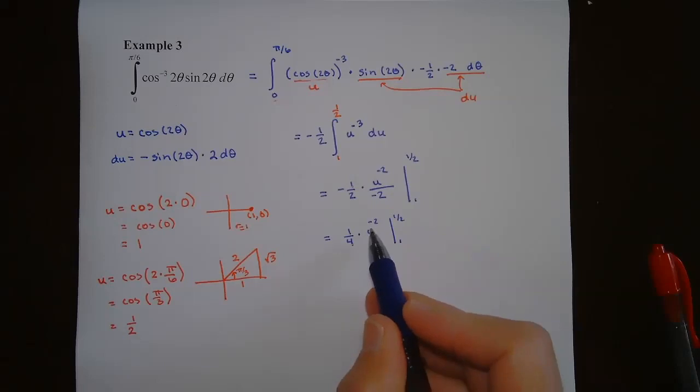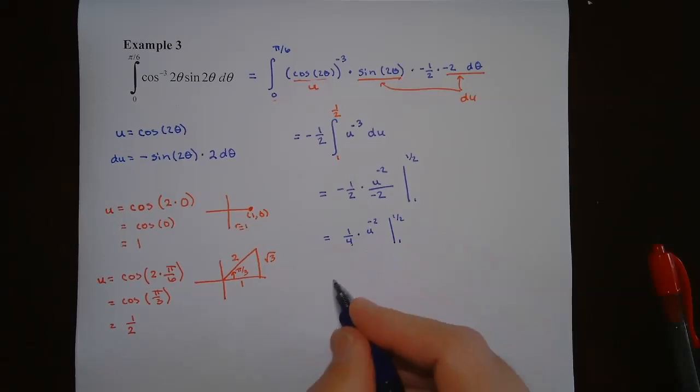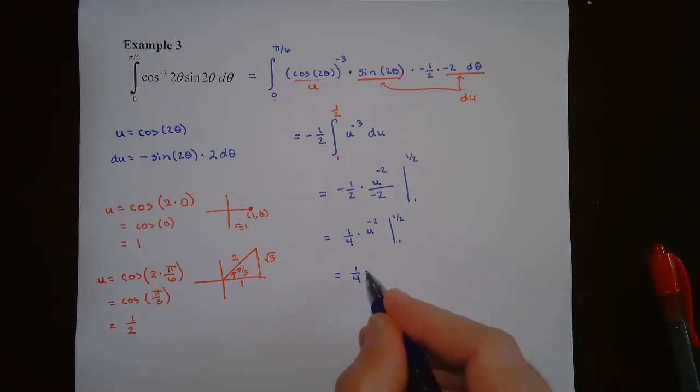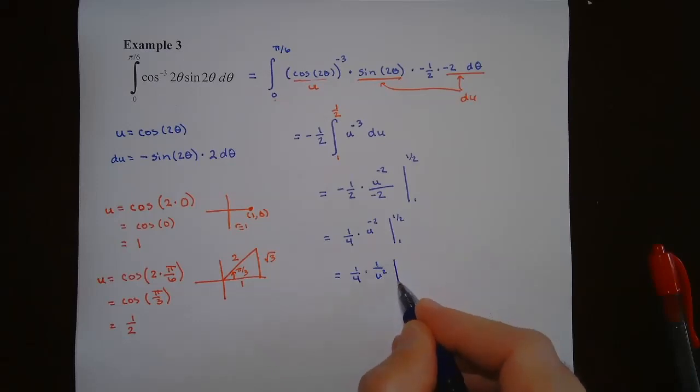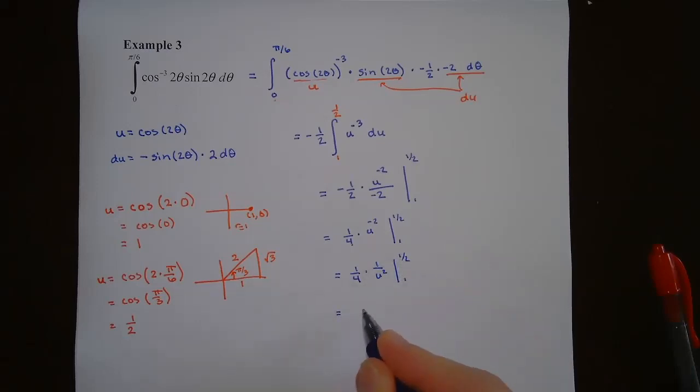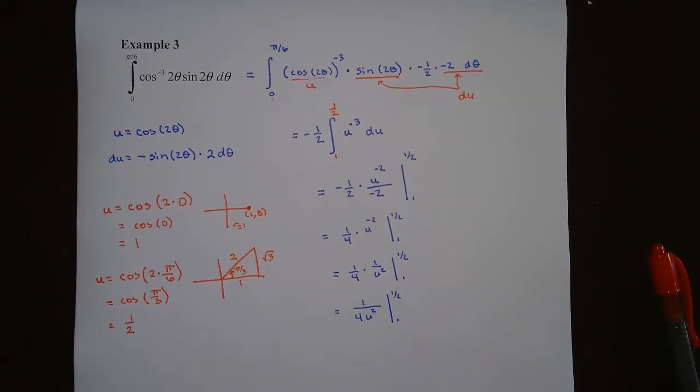But u to the negative 2 is really 1 over u squared. So this is 1 over 4 times 1 over u squared, evaluated from 1 to 1/2. Or 1 over 4 u squared, evaluated from 1 to 1/2.